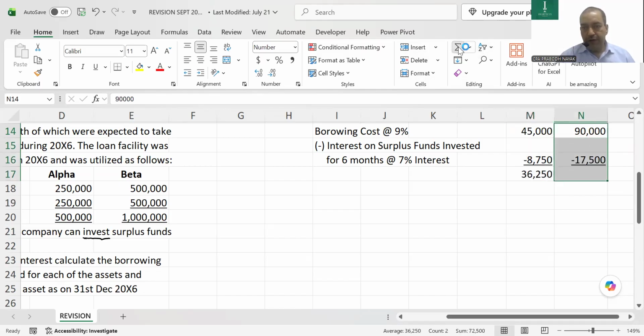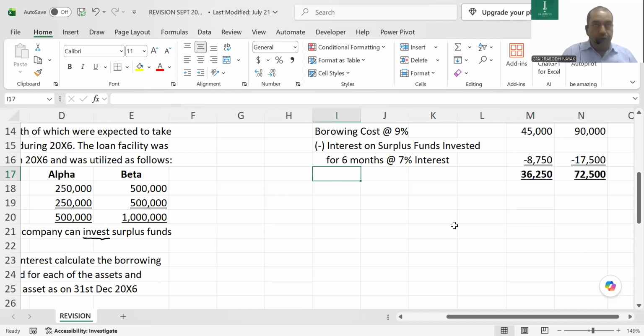So these figures now are the actual figures that need to be capitalized. Okay. So this is your borrowing cost. 36,250 and 72,500.